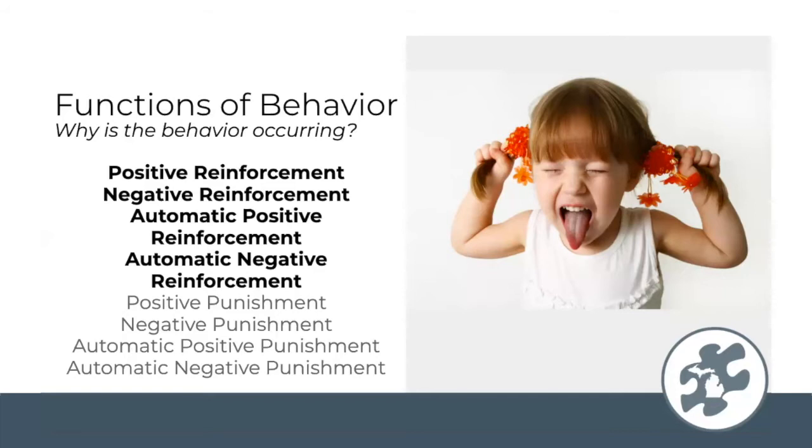And the reason for that is something is happening, and we looked at those antecedents and those consequences. Something is happening to cause that behavior to continue to occur. Something is reinforcing it. And that would either be the positive reinforcement, negative reinforcement, automatic positive reinforcement, or automatic negative reinforcement. We're going to take a closer look at those now.